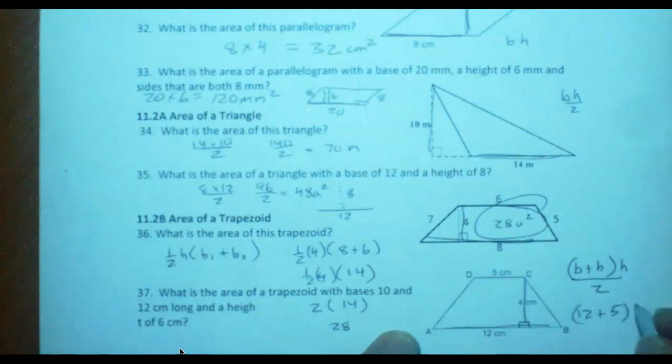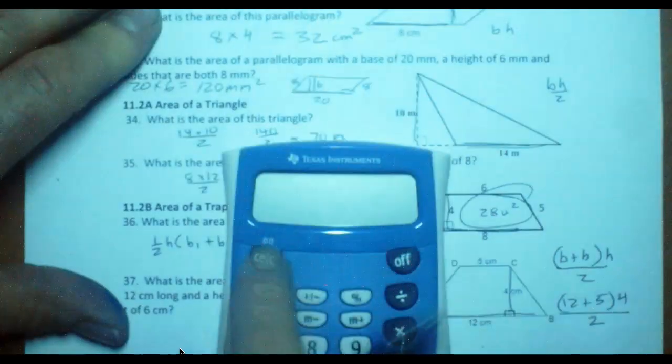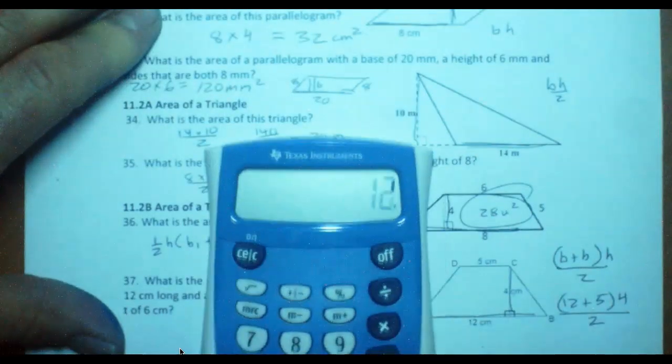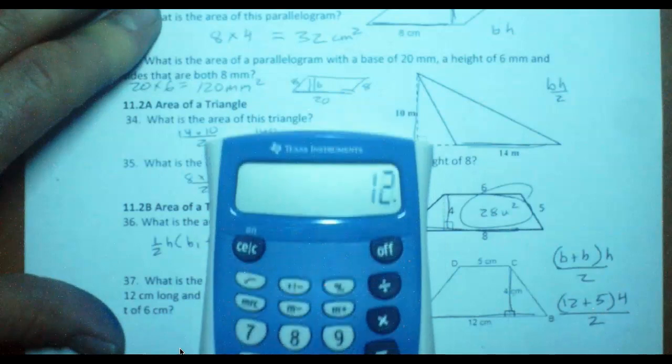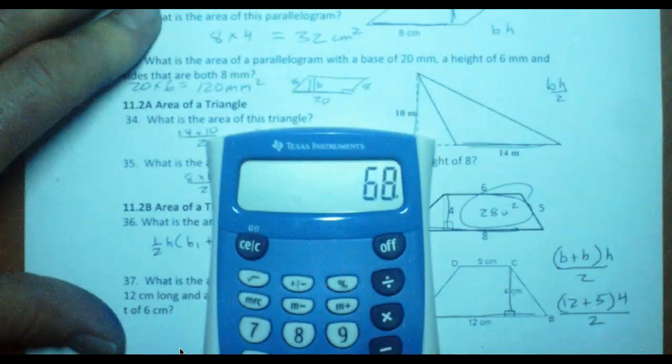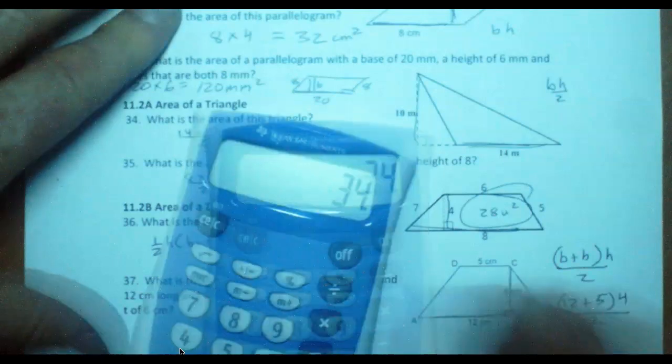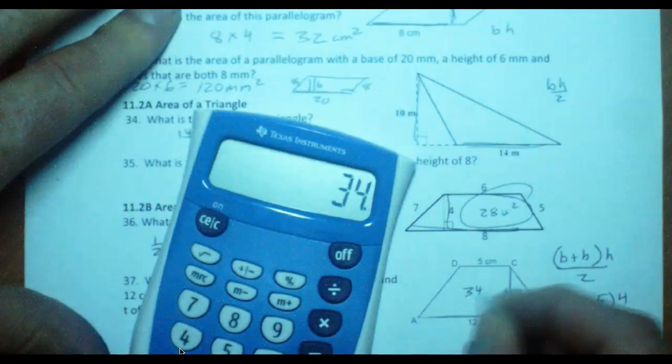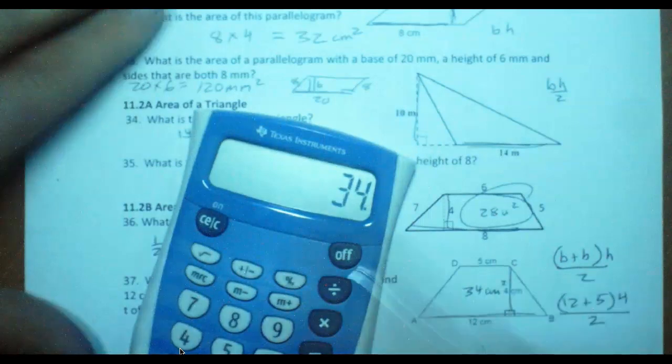And we take that times the height, which is 4, and we divide it all by 2. So you can see how I can do it on a calculator in one small fell swoop. 12 plus 5 times 4 divided by 2 equals 34. So this is 34 centimeters squared.